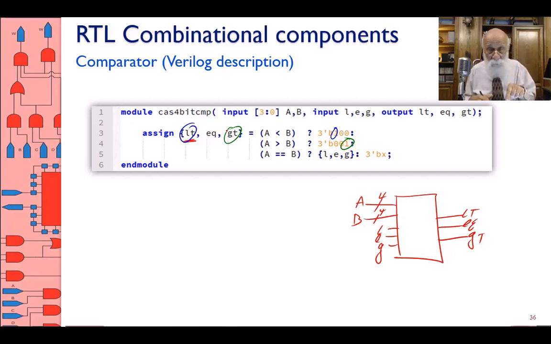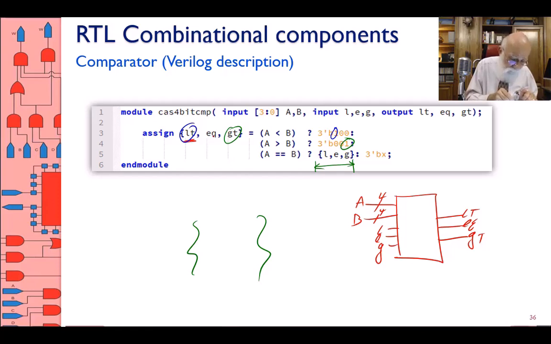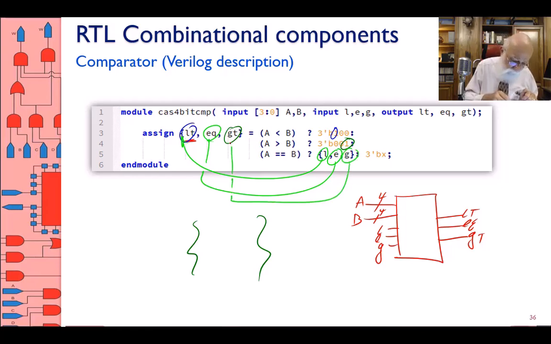If A is equal to B, then you concatenate L and E and G. Curly bracket means concatenate. These single bits become a 3-bit vector, and the 3-bit vector goes into LT, EQ, GT. That means that's the situation where no decision is made. Whatever is on the input L goes on the output LT. Whatever is on the input E goes on the output EQ. Whatever is on the input G goes on the output GT.